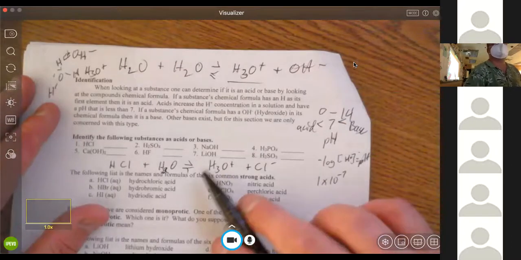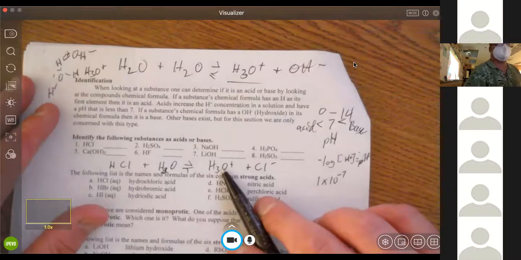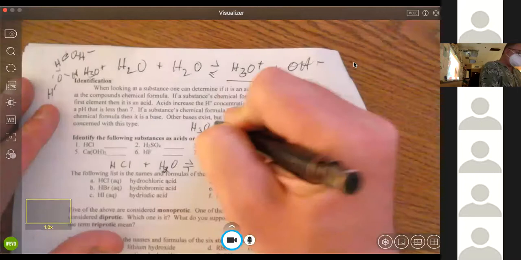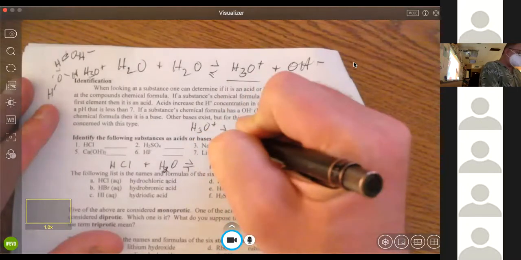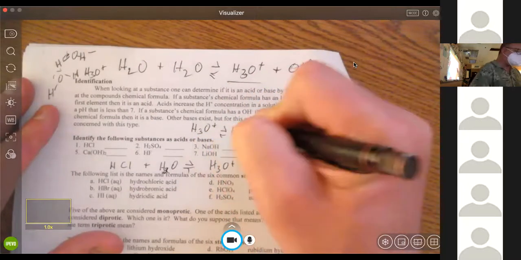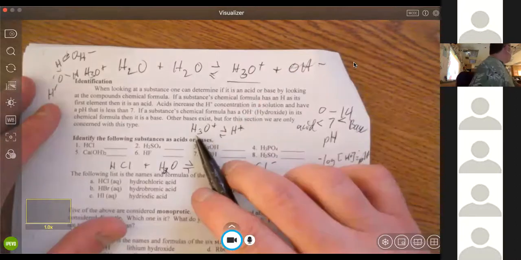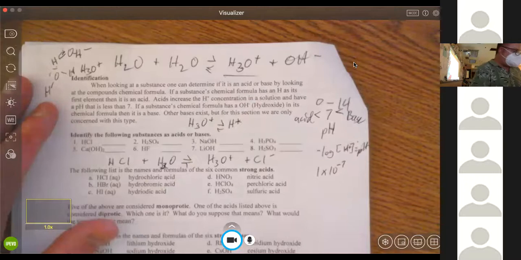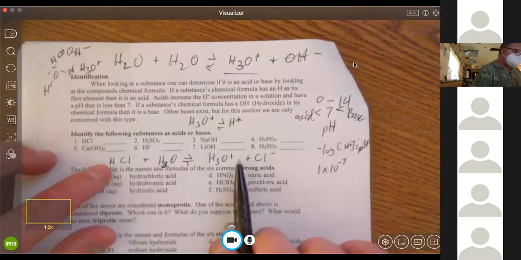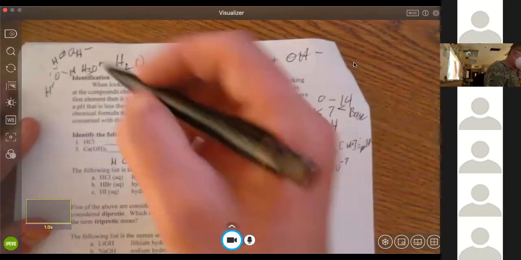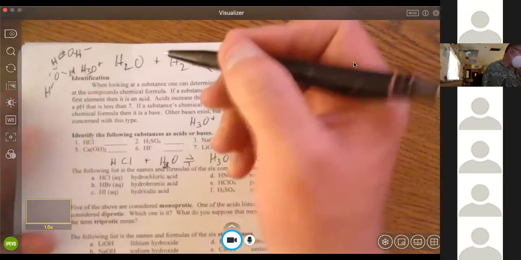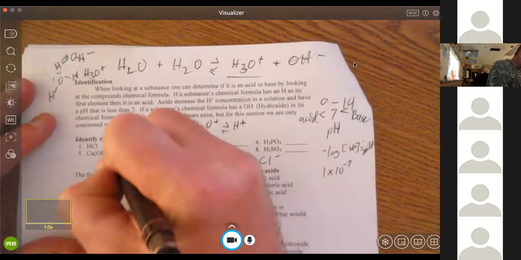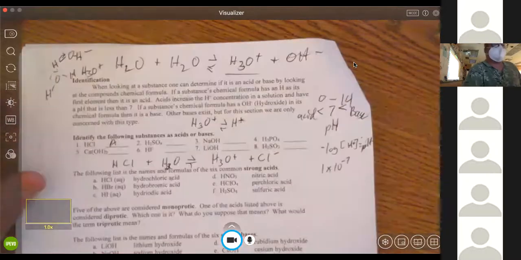So that increases the hydronium ion concentration. Hydronium ion, in my mind, is the same as the hydrogen ion because if it's in an aqueous solution, water will grab onto that, right? So HCl increases the hydronium ion. That is an acid.